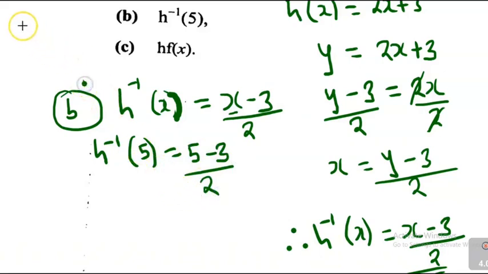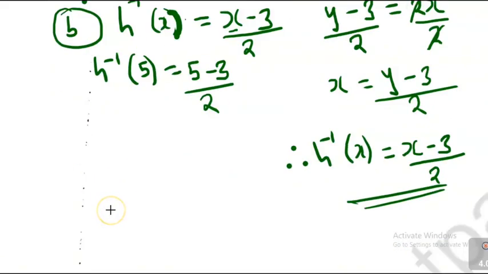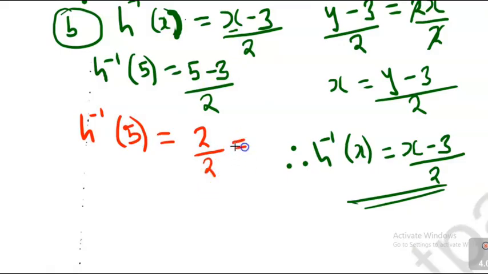So h inverse of 5 is equal to 5 minus 3, which is 2, over 2. Here 2 over 2 will definitely give us a 1. So h inverse of 5 is 1.